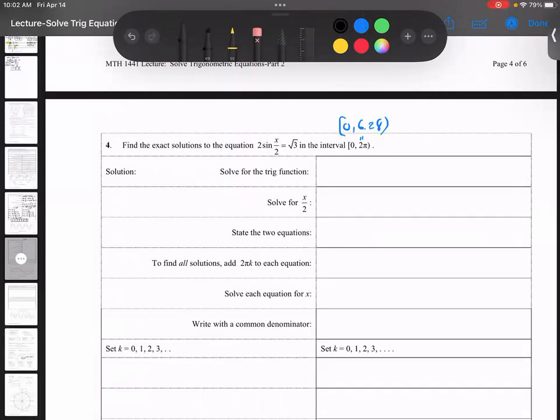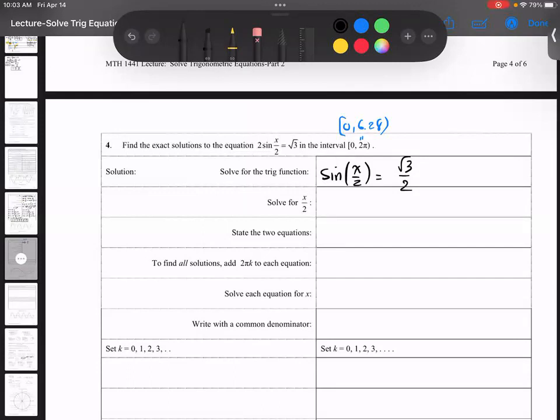Divide by 2, right? So sine of x over 2, put it in parentheses because I know that's the angle, equals √3 over 2. Solve for x over 2. I'm not asking you to solve for x yet. I want to solve for x over 2 and think of it as the angle, right? If you look at the unit circle, what angle psi is √3 over 2? Quadrant 1 and quadrant 2, right?